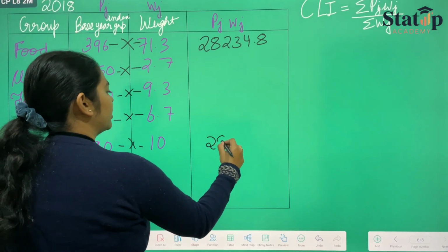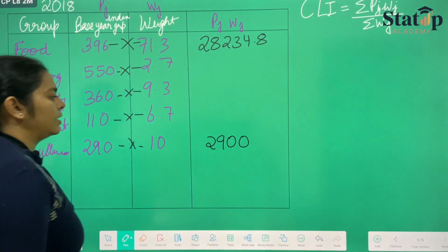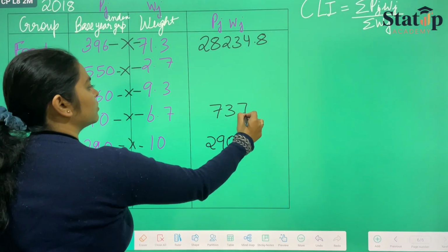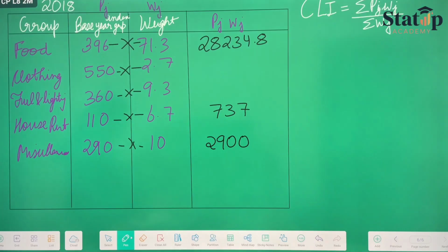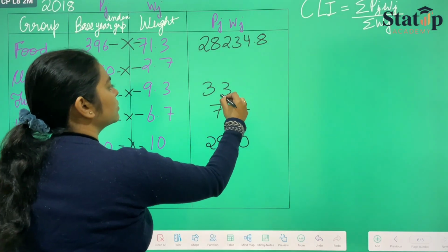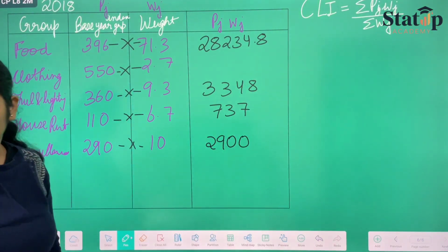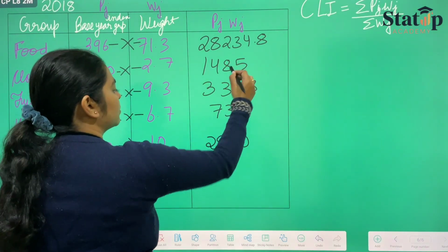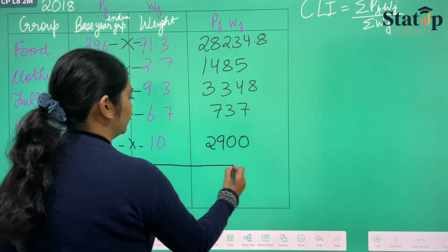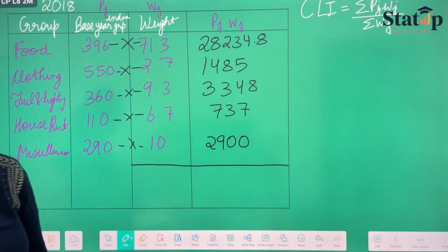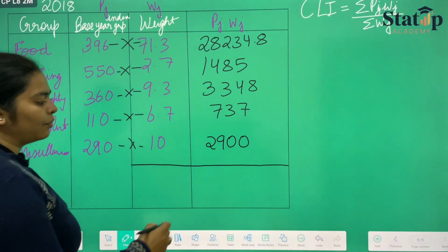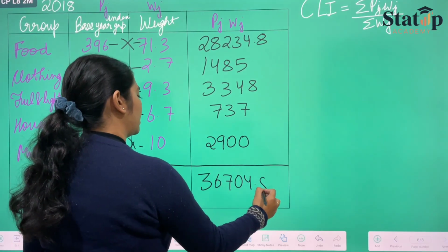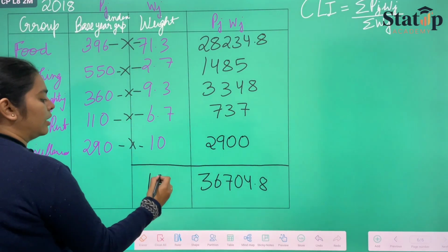It will be 2900, 737, 3348 and 1485. If we take the total here, we get 36704.8, and the total of the weights is 100.